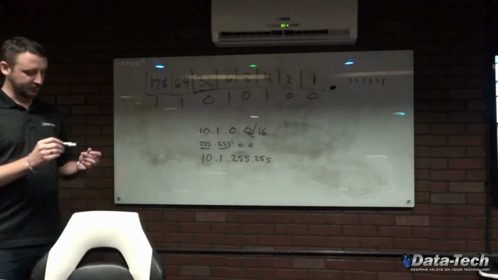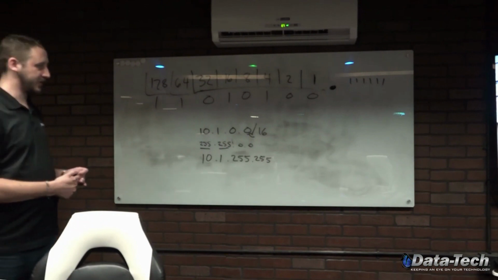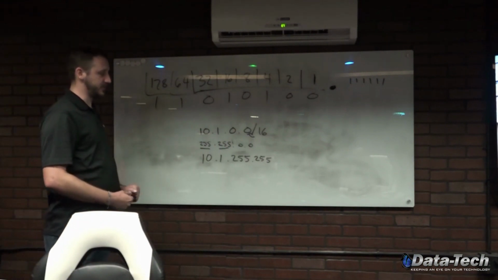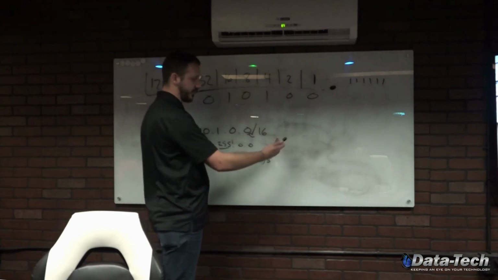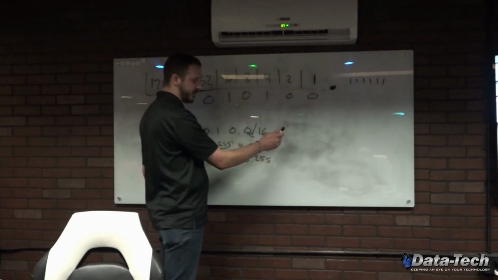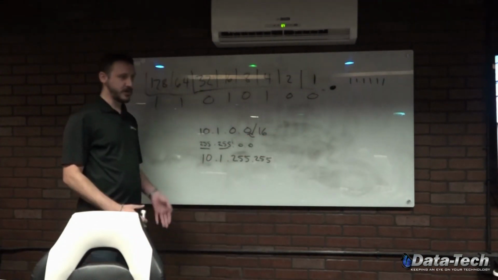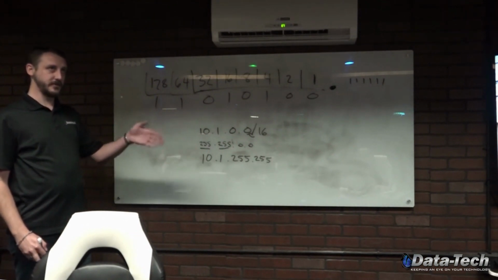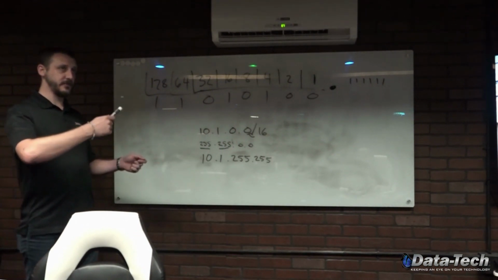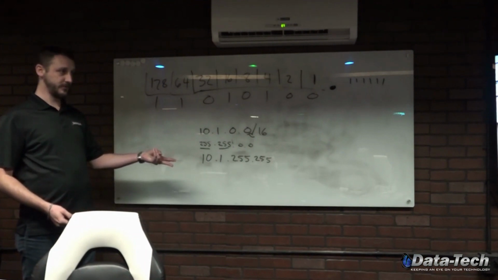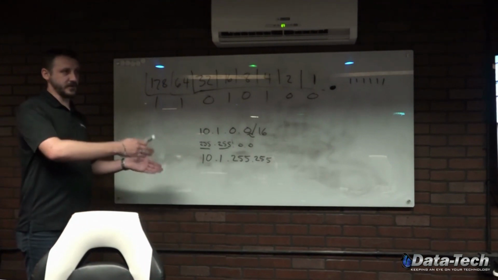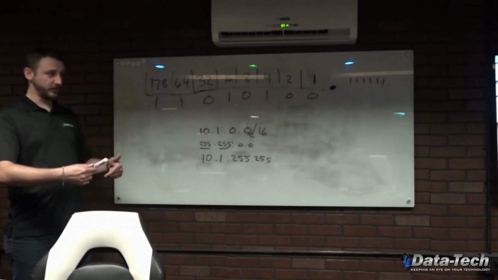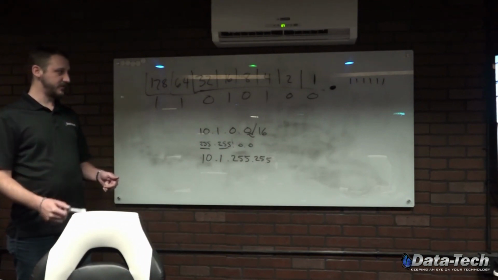One thing I like to tell people when you're subnetting between a slash 24 and a slash 23: you have 192.168.0 that ends at 0.255, and you've doubled, so since you have 2 slash 24s, you have the next number over in the third octet, 1, all the way up to 255.